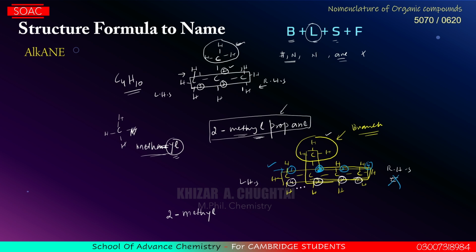The longest chain has 4 carbon atoms, and the 4 carbon name starts from but, and all carbons are single bonded, butane. So the name is 2-methylbutane. This is the name of this 5 carbon alkane. So this is the way to name alkanes.